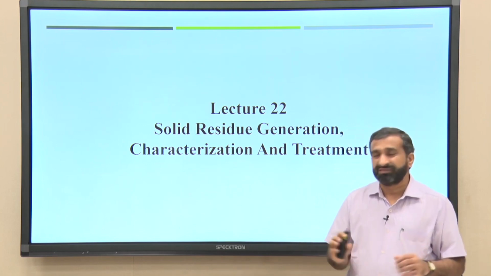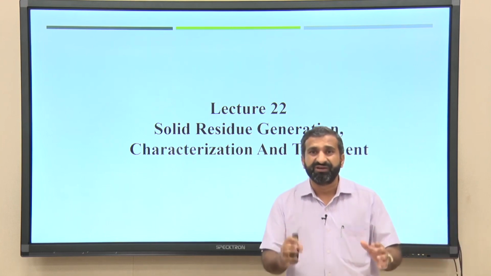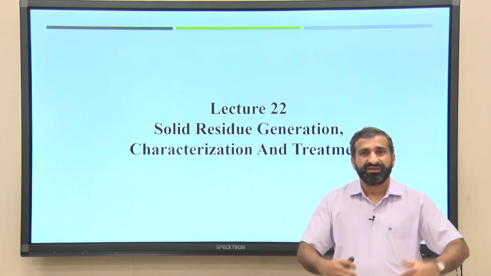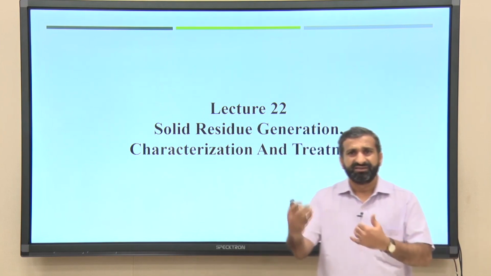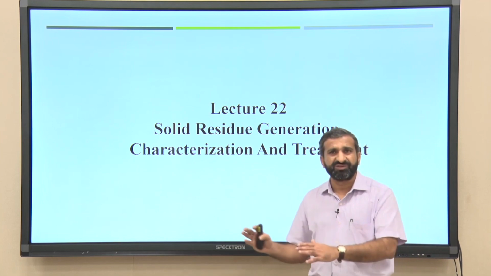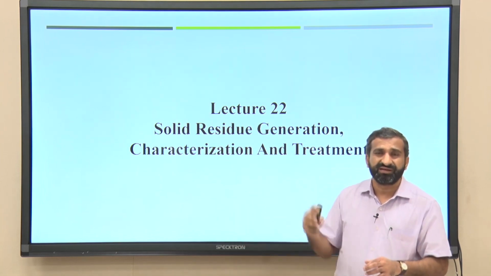And again, as I told you, the characteristics also depend upon the feed. If segregated waste is fed into the incineration plant, obviously the solid residue characteristics will allow it to be utilized to produce some other kind of product.